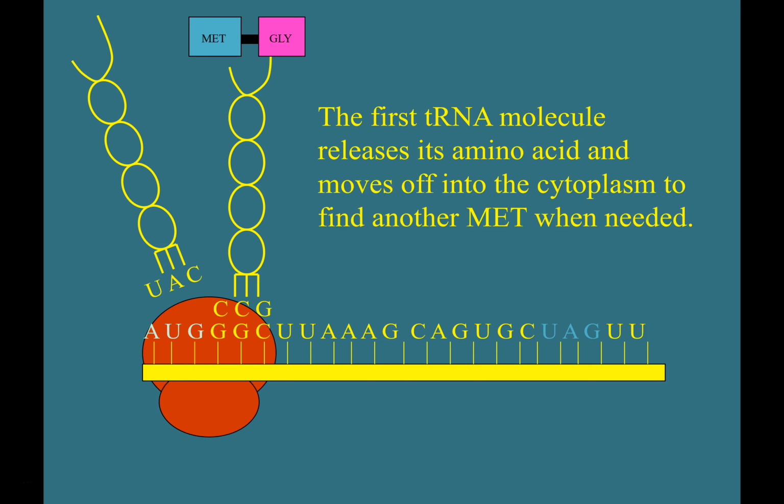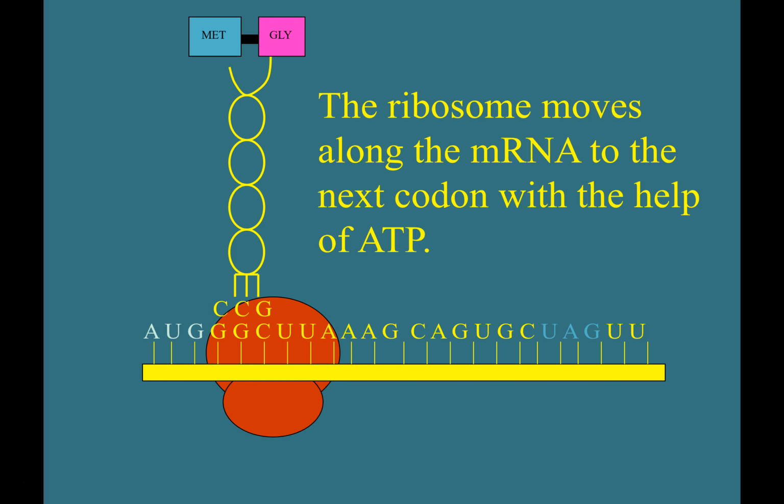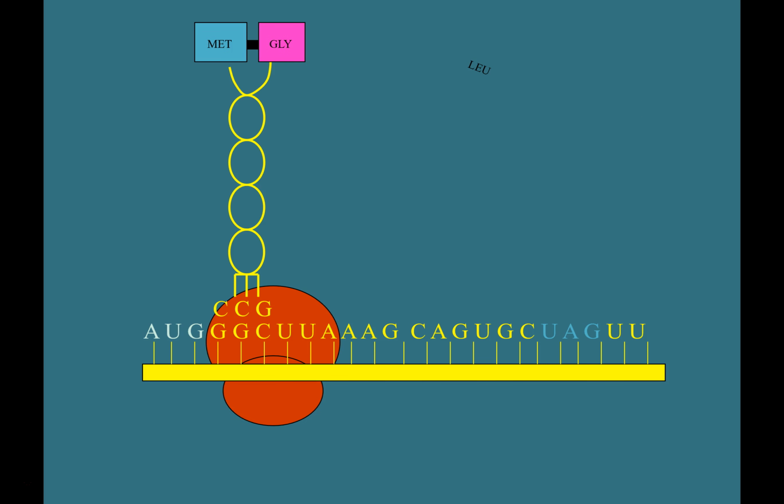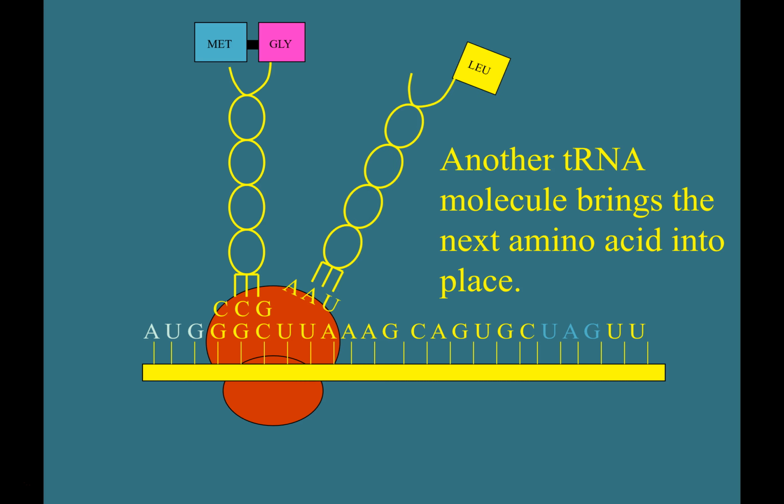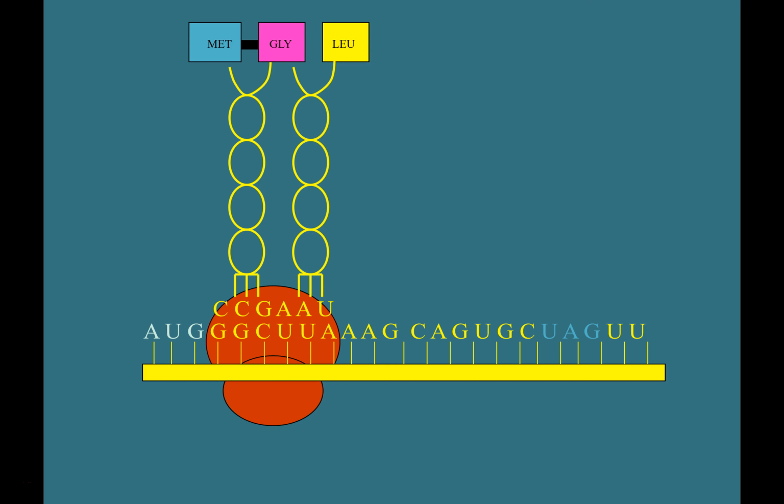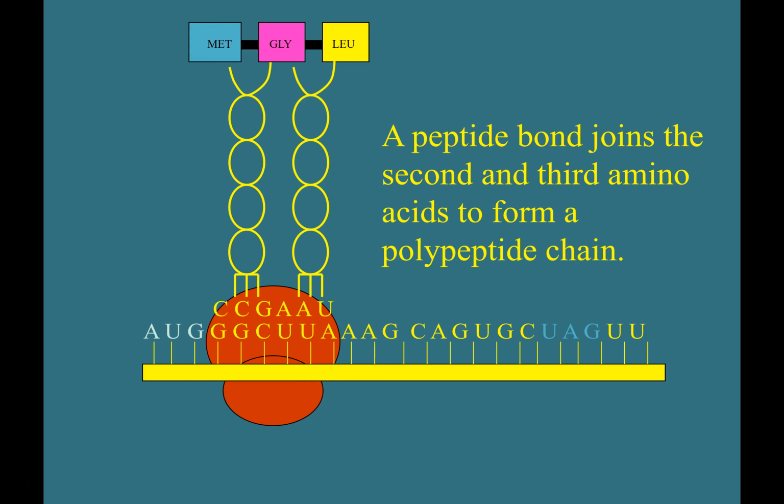And what's going to happen is this will continue to move down. So the met and the gly is still together. We got to call in our next amino acid. So UUA is going to get leucine. And there it is. Once again, it didn't get there yet, but it will. Once it does, you have to form a bond. And once you form that bond right there, and once again, if you can't see it, these are your peptide bonds right there.